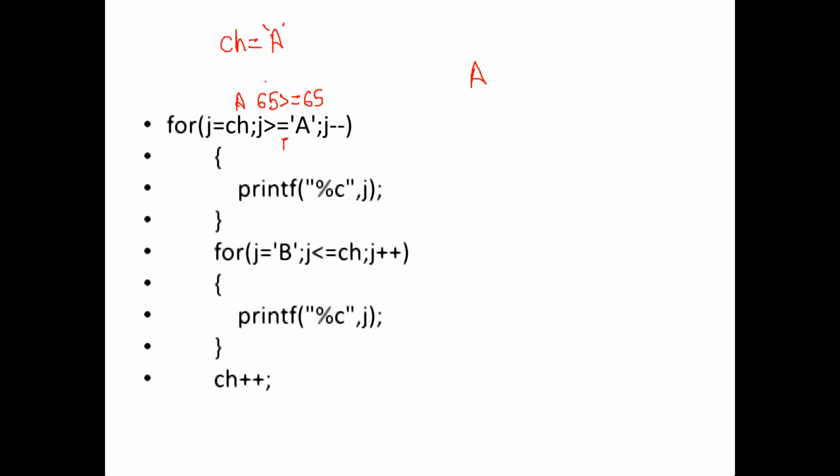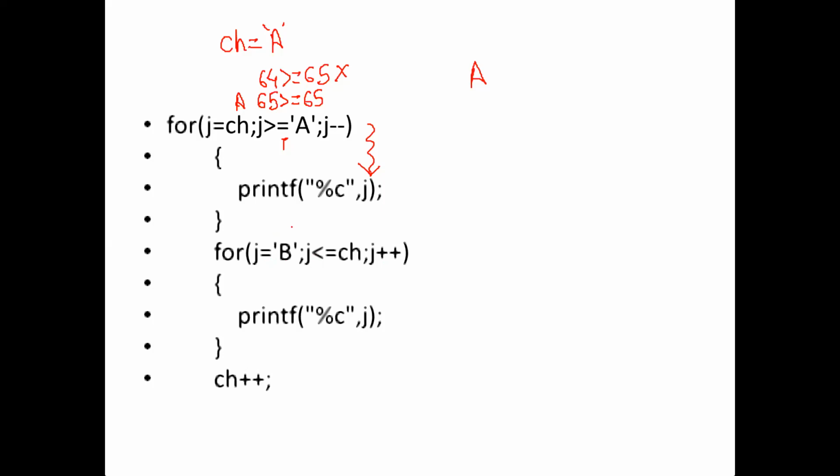Earlier we had 65. What is 65? ASCII value of A. Correct. Now J minus minus will take J to 64. Now you will check the condition. 64 greater than or equal to 65. Condition false. If the condition is false, we cannot enter inside this for loop. So now I'll come out and go into the other for loop. When I went into the other for loop, I saw J starting from B.